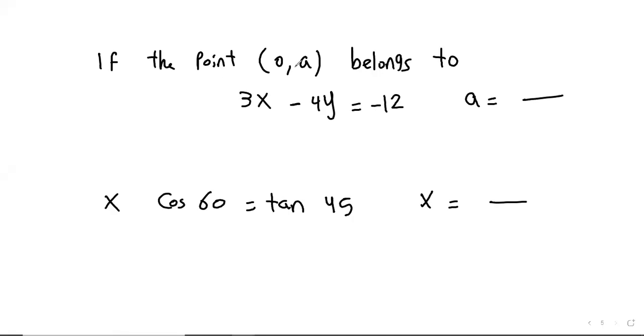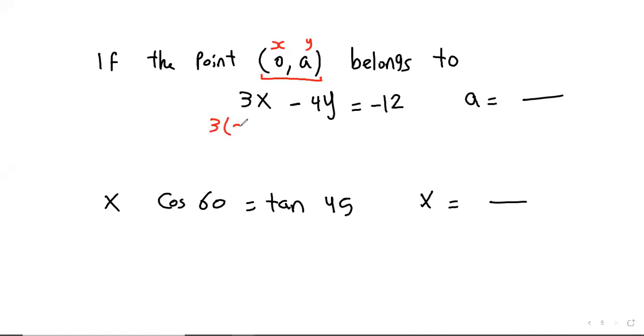If the point 0 and A belongs to the straight line 3x minus 4y equals negative 12. What is the meaning of the point 0 and A, the two coordinates here? You know that this 0 represents x and A represents y. So we are going to pass this point in this equation. Instead of x, you write 0.